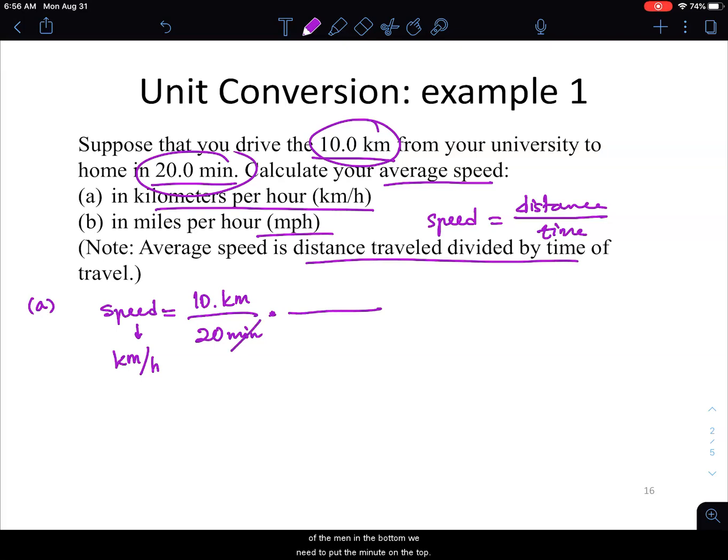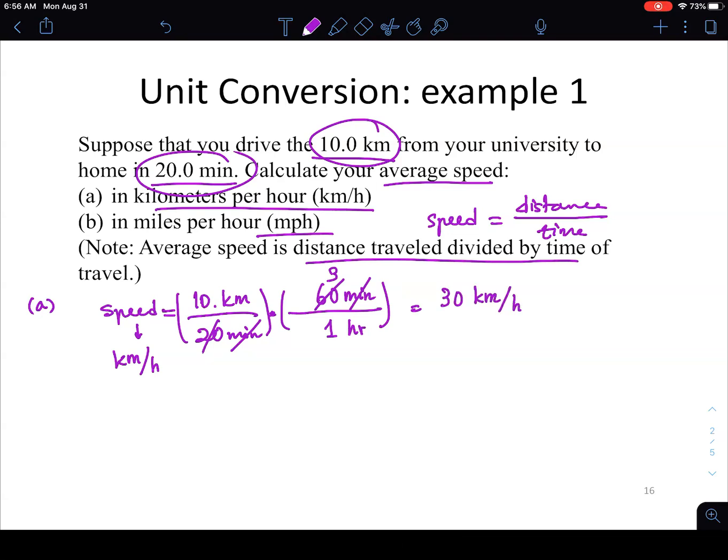The minute is in the bottom, so we need to put the minute on the top, and we need to be left with 1 hour in the bottom. So the conversion factor will be 60 minutes per 1 hour. So the minutes cancel, and that gives you 3, so that will be 30 kilometers per hour.